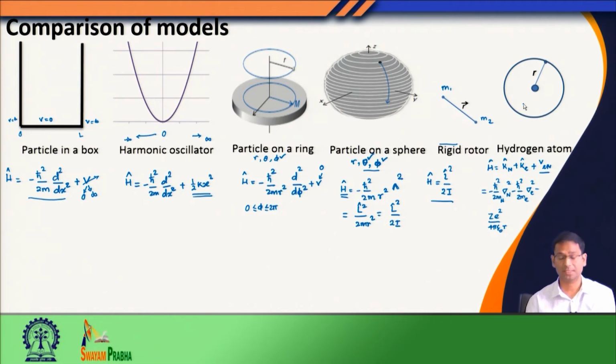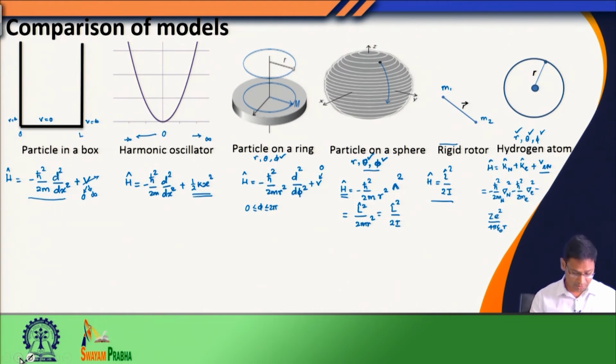In the rigid rotor, the distance between m1 and m2 is fixed. Therefore, we had only theta and phi as changing coordinates, but in case of the hydrogen atom, we have r, theta, phi, all three are allowed to change. So, this gives us an idea about the Hamiltonians of the different models that we have discussed so far.